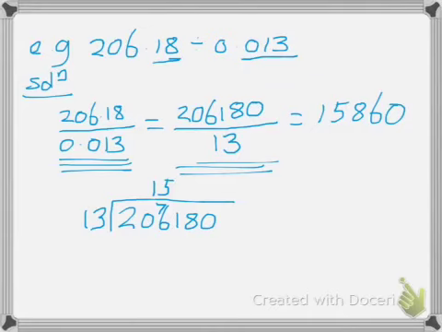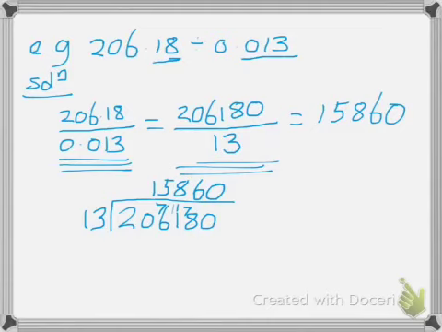So I've got 11 left over. So that makes 111. So how many 13s are there? There's 8, and 8 13s are 104. So I've got 7 left over. How many 13s in 78? And that's exactly 6. And then I've got nothing left. So it becomes 15,860.